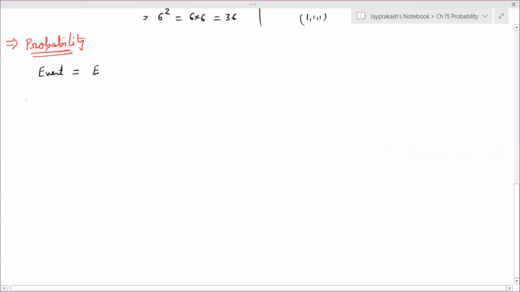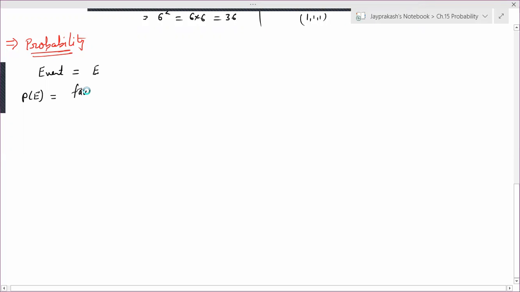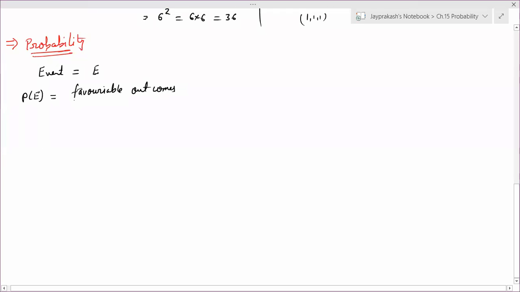Now the probability of that event is denoted by P of E, means probability of getting event E. इसका फॉर्मूला होता है favorable outcomes upon total events.